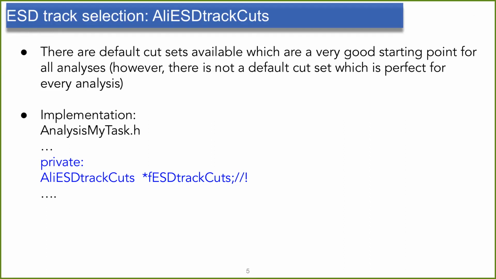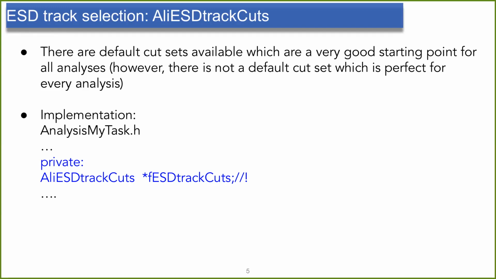There are mainly three types of cuts: the standard ITS-TPC 2010 cut set, standard ITS-TPC 2011, and standard ITS-TPC 2015 cut set. The main difference between the 2010 and 2011 cut sets is the cut on DCAxy. In both cases the DCAxy is pT dependent, but the resolution of the DCAxy, or the impact parameter, is different.